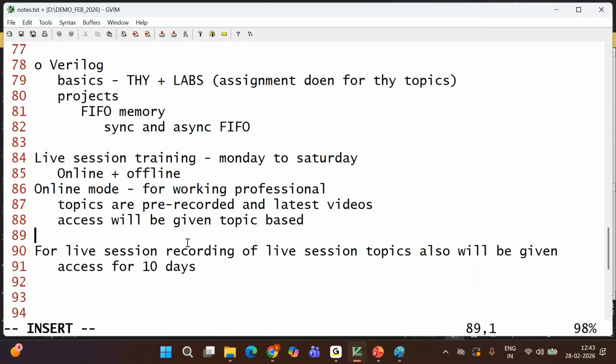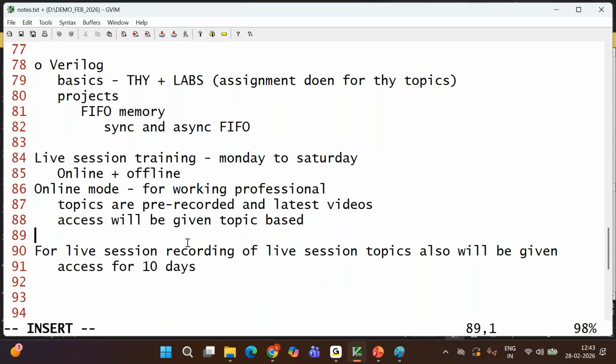Is the evaluation the same for the live session training and the online mode? Yes, it is the same. Mock interviews, live interviews will be there, and tests will be conducted. Mock interviews which will be live mean face to face: you should turn on your webcam and share your screen.